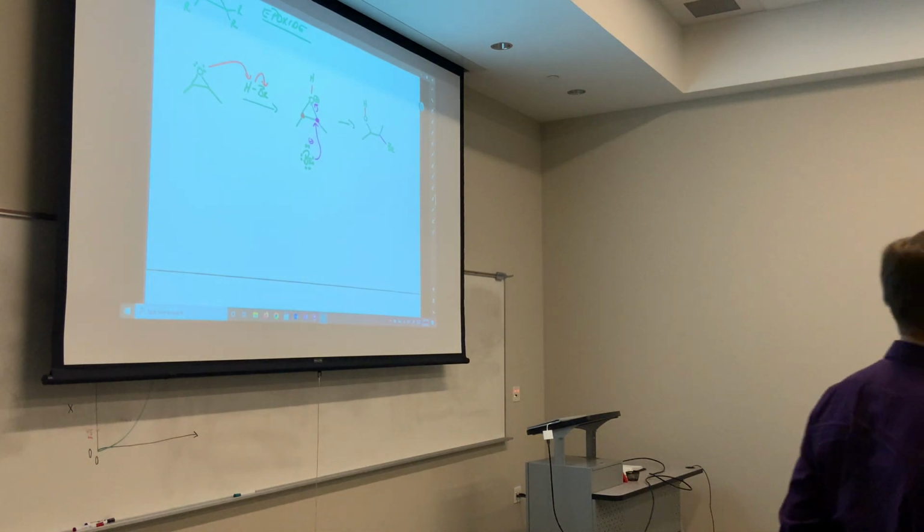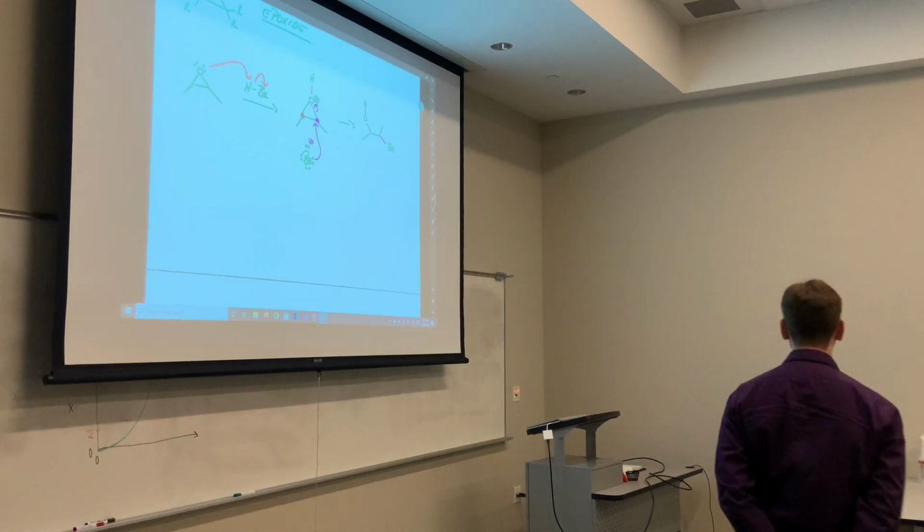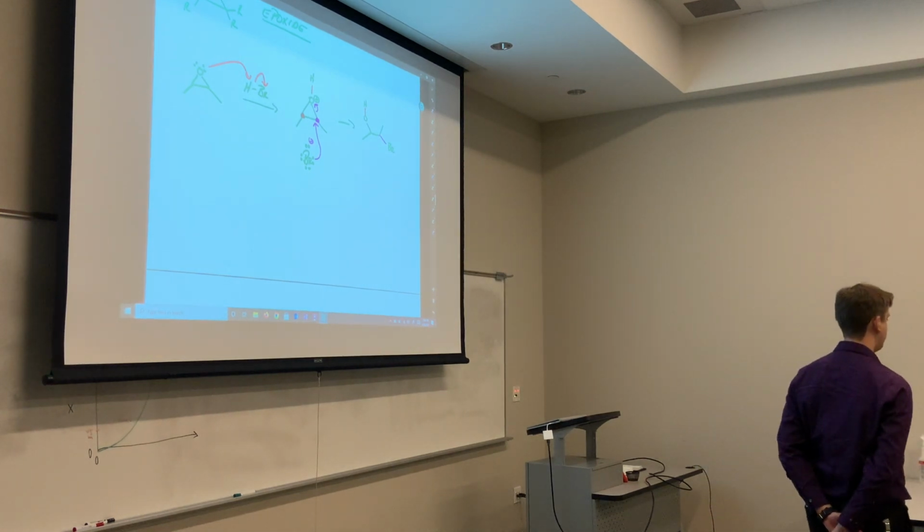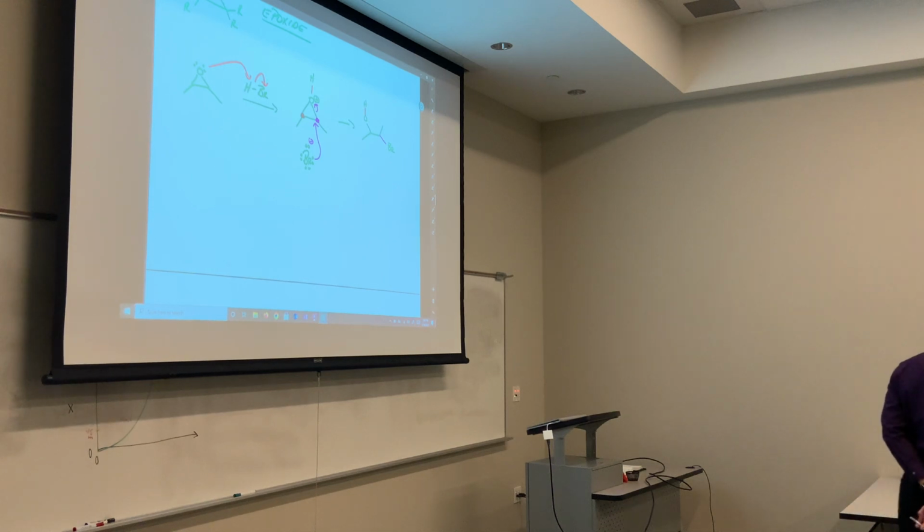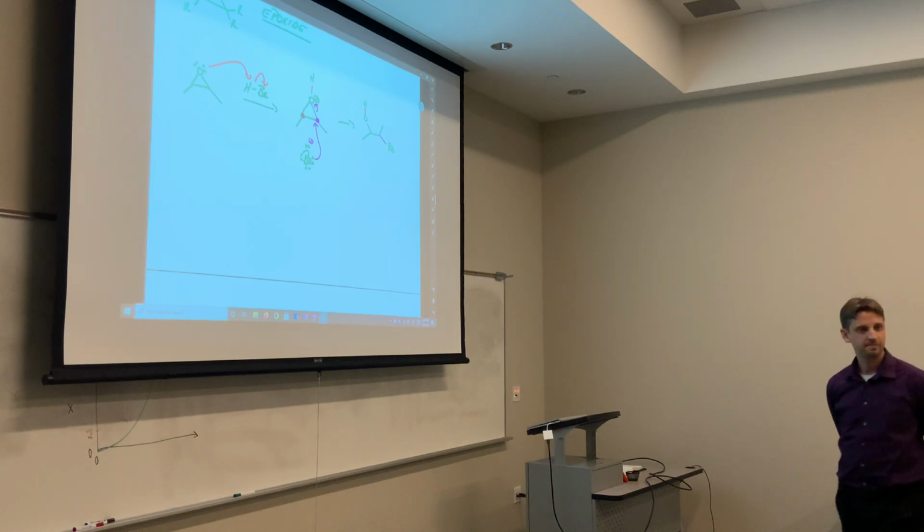Why? Why does this mechanism work this way? Why does that oxygen atom start to try to pull at one of the two carbons? This is important.